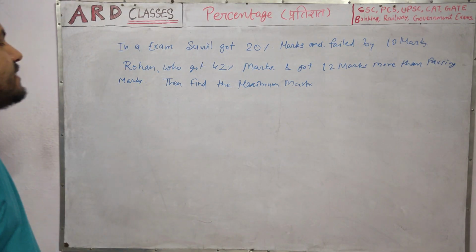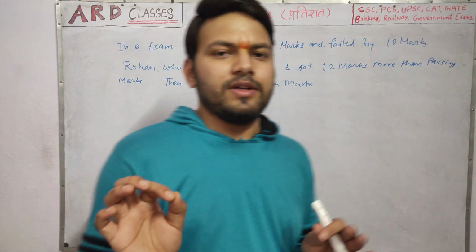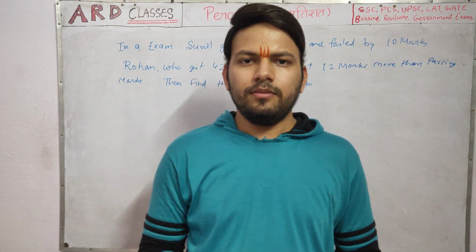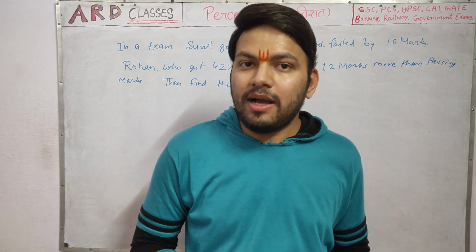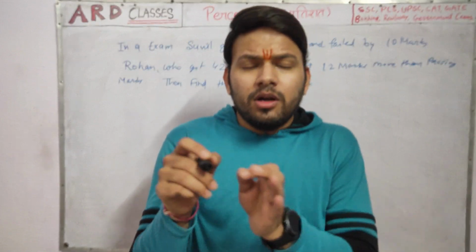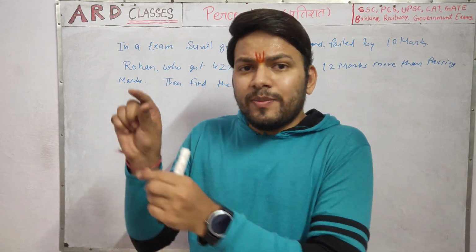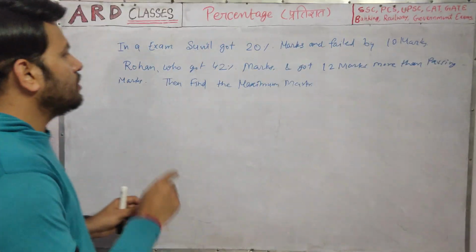What is the examiner saying? What is the question saying to you? In the exam, Sunil got 20% marks and failed by 10 marks. Failed by 10 marks means Sunil's 20% marks plus 10 equals passing marks. Got it now?